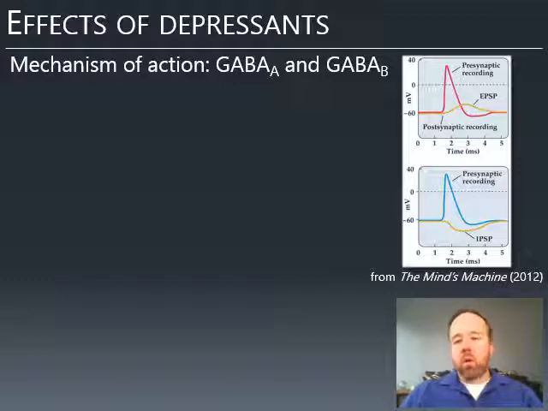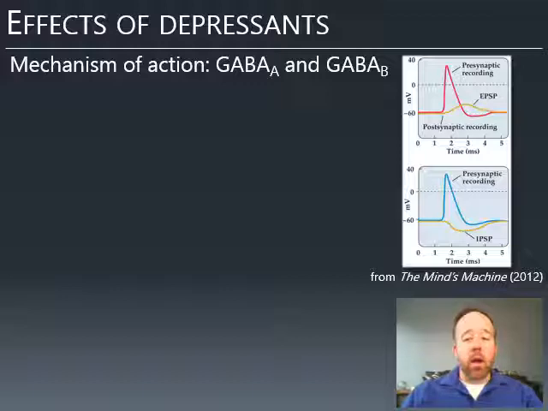So here on the right, we see a diagram of the relationship between action potential and a particular kind of neurotransmitter. On the top, we have a typical response for something like glutamate, which is an excitatory neurotransmitter. It increases the likelihood of an action potential in the postsynaptic neuron.